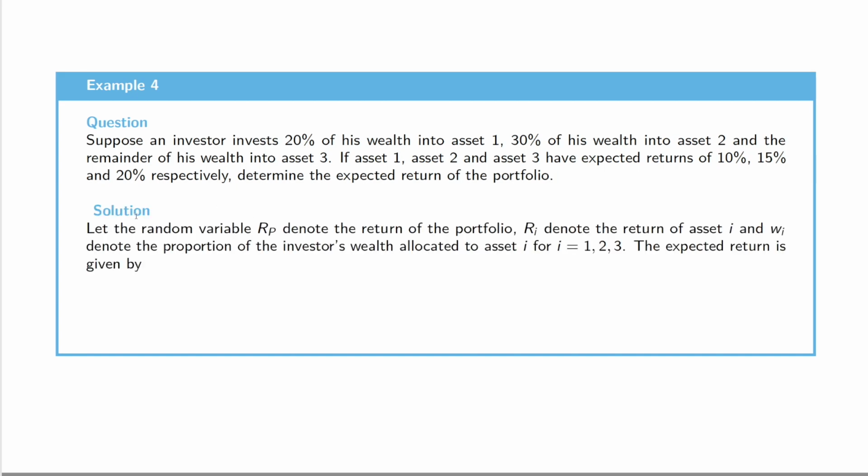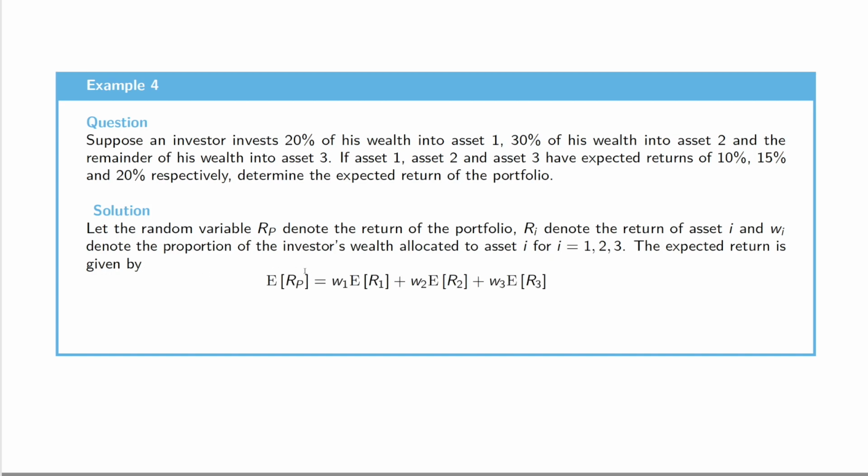So what I've said here is let the random variable Rp denote the return of the portfolio, Ri denote the return of asset i, and wi denote the proportion of the investor's wealth allocated to asset i, for i equals 1, 2, 3. I'm just formalizing how we're going to define these random variables.